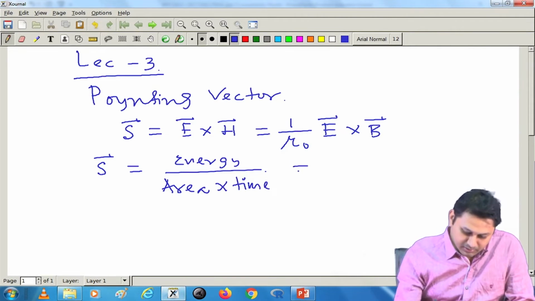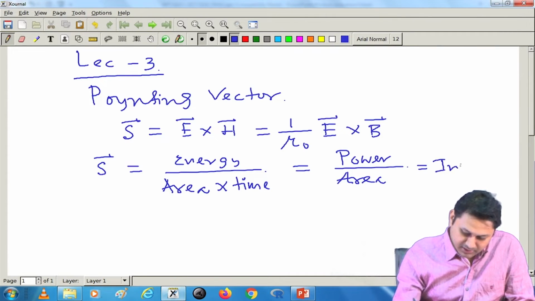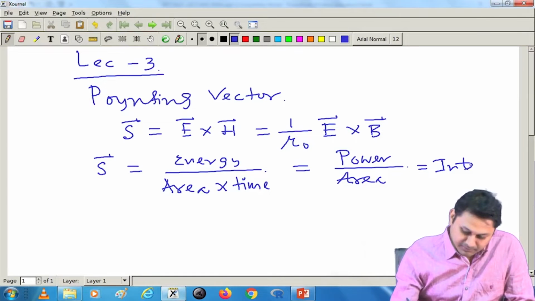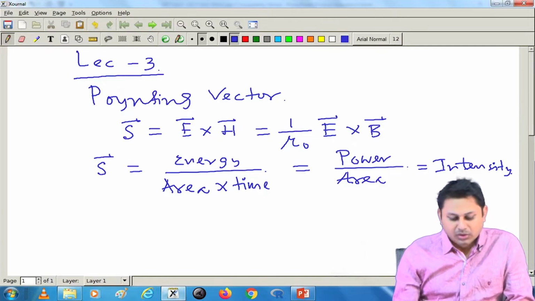Eventually this is power divided by area, which is intensity. So, it tells us about the intensity of the system and also the power flow.